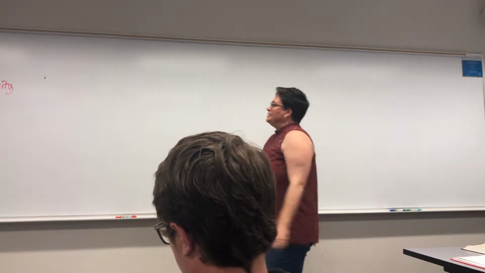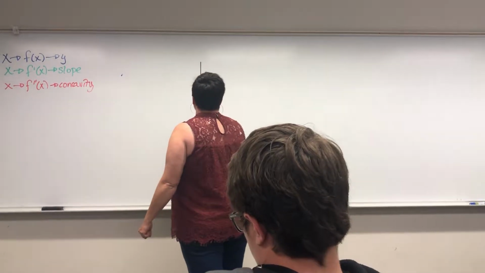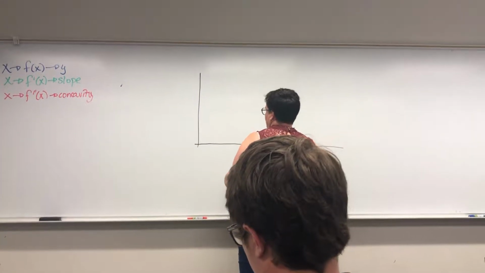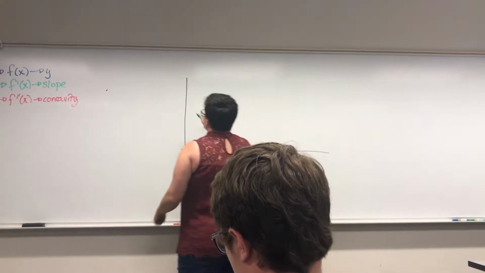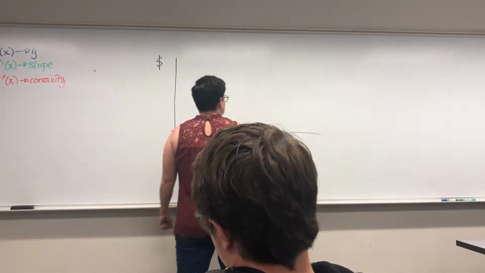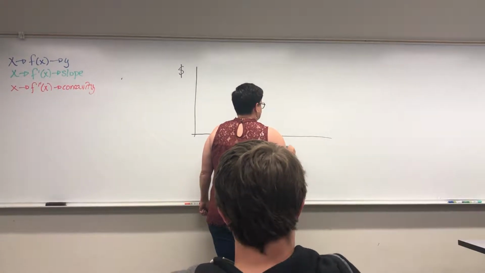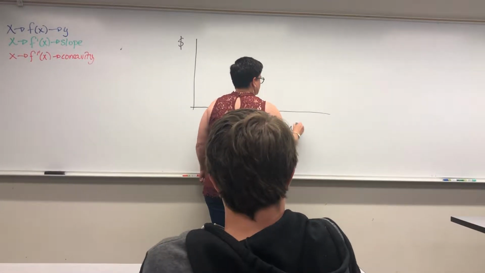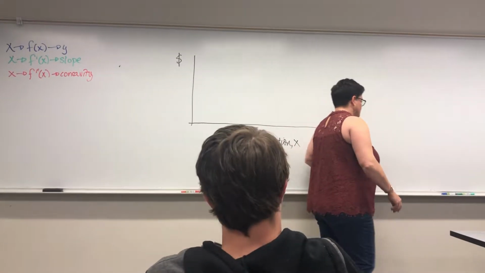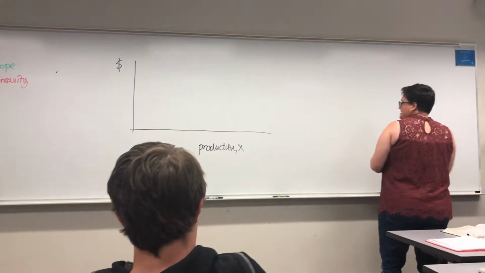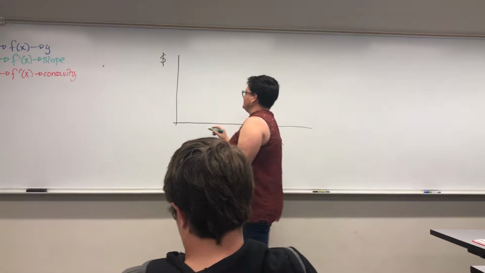Let's look at this scenario. This is a profit function, so this is gonna be dollars, and this is gonna be production in X. And let's say your function looks like this.